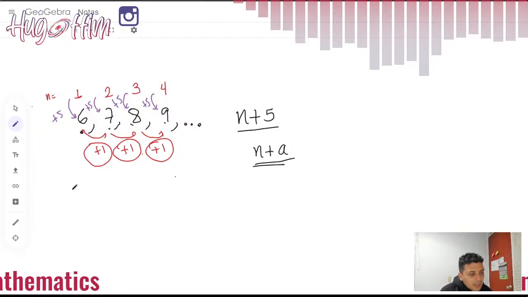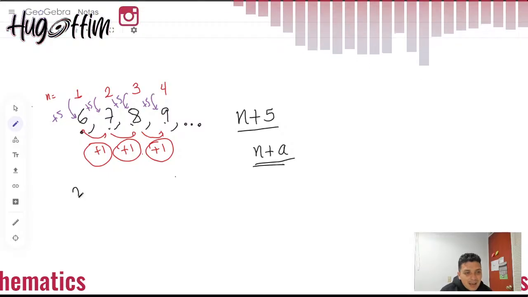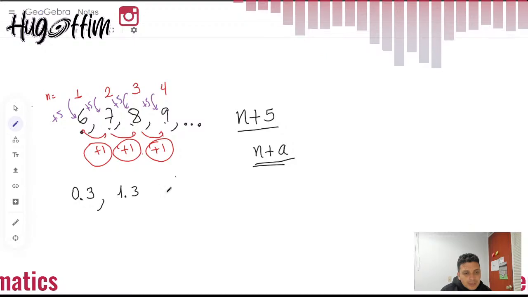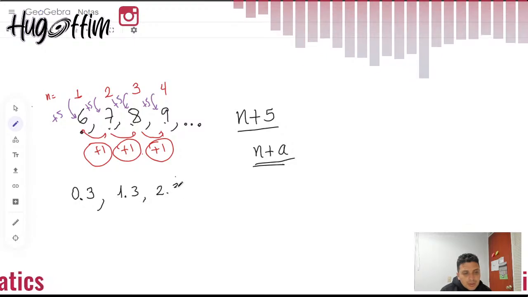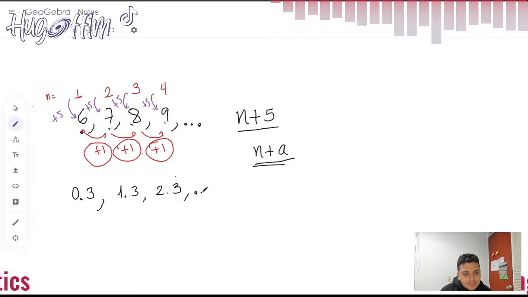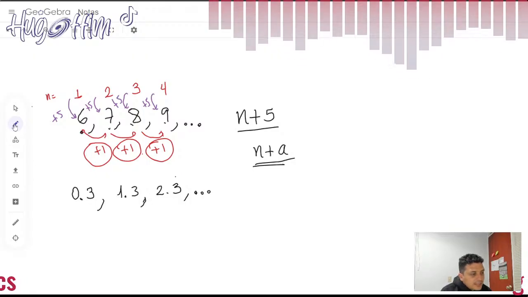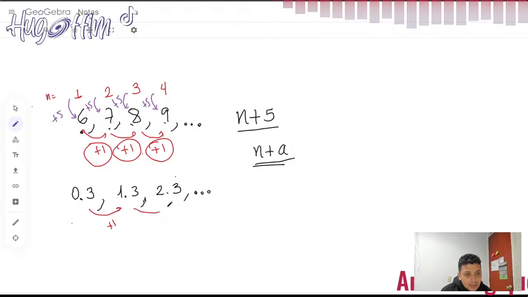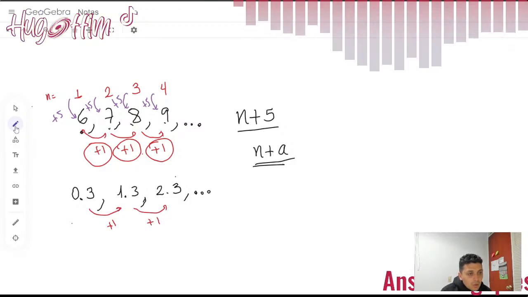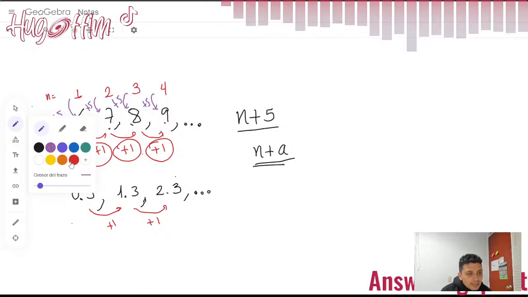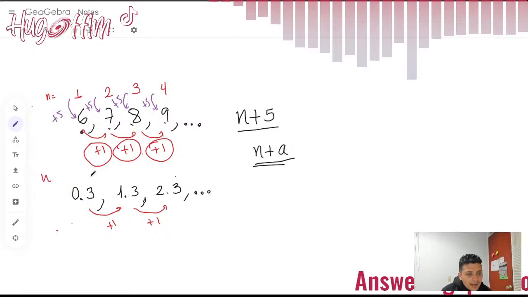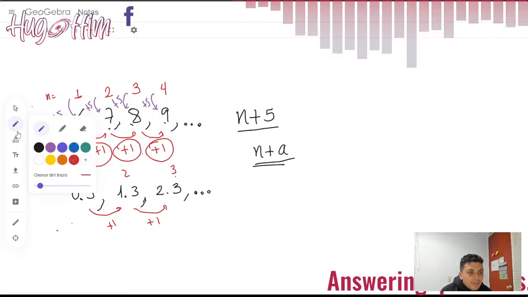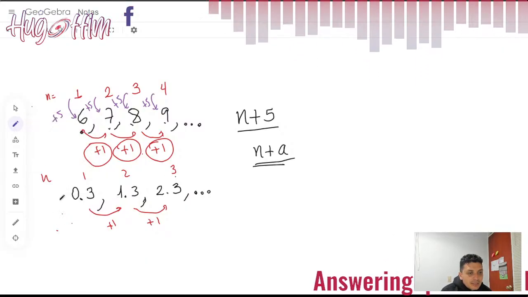Look, I'm going to put an example with decimals. Let's say that I have 0.3, then 1.3, then 2.3. In this sequence, I'm adding 1 each time. So what I'm going to do is list my n values, 1, 2, 3, and identify what is the number I'm adding here to get 0.3.